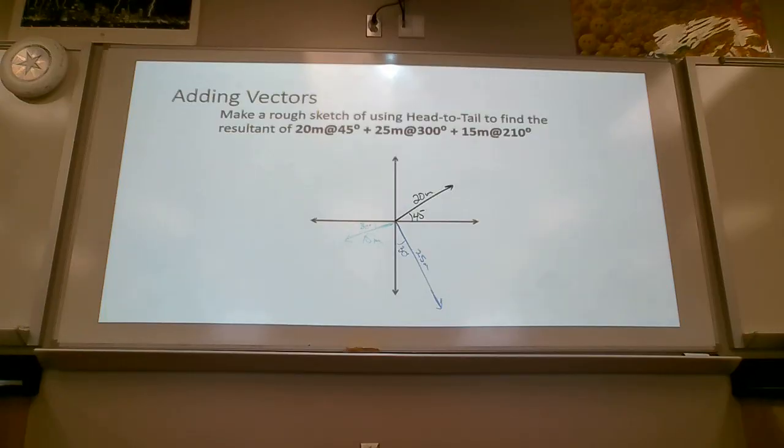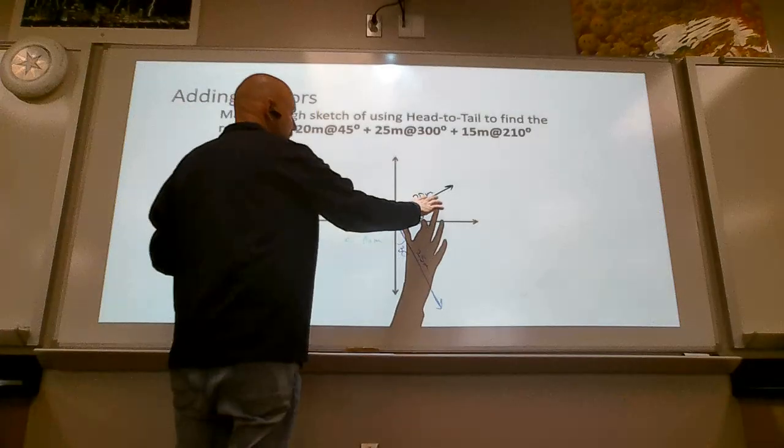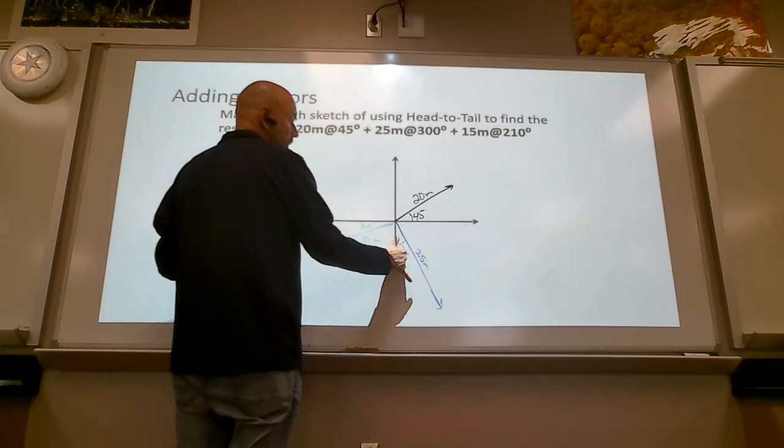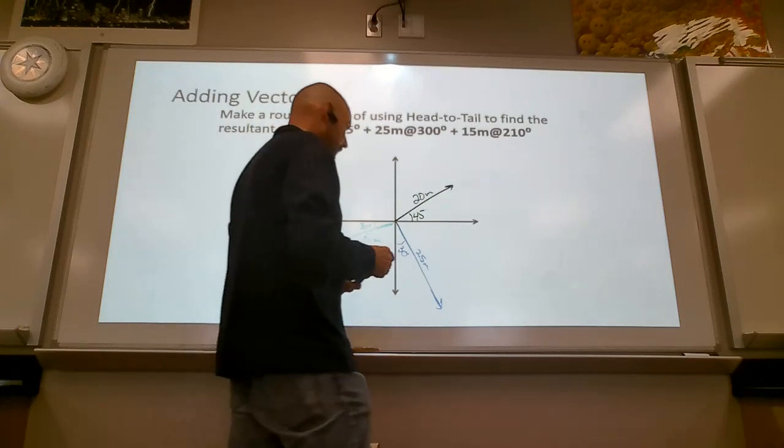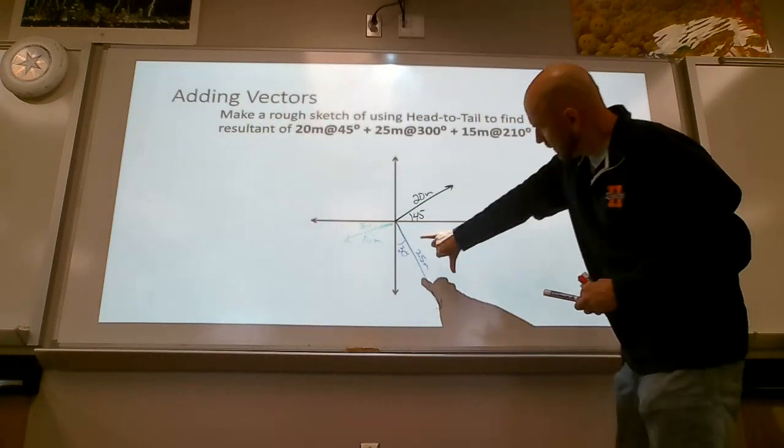Okay. To find the resultant of these, all we're doing is doing head to tail multiple times. So let's start with this. And then I'm going to do head to tail of this guy. So I'm going to swing this up.